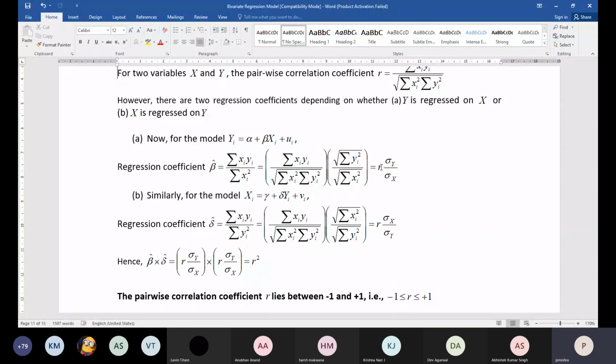Nevertheless, beta hat into delta hat is nothing but the square of the pairwise correlation coefficient. Now, this relationship between the slope coefficient and correlation coefficient will become more complex as we switch over from bivariate model to multiple regression model. I'll show you later, when we start discussing estimation of coefficients in a multiple regression model.